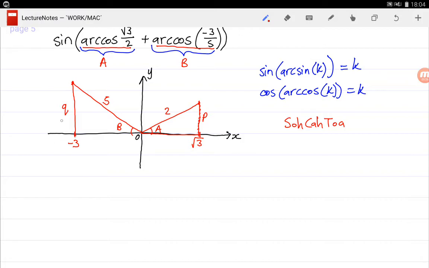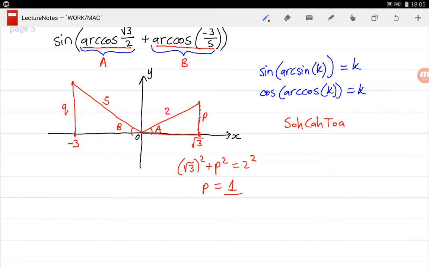So before we can do that, we have to solve for Q and for P. I'm just going to start solving for P here. It's just your obvious Pythagoras rules. Root 3 squared plus P squared equals 2 squared. If you solve this out, you'll find that P equals 1.